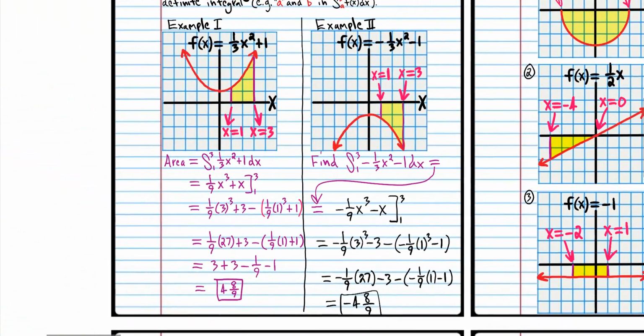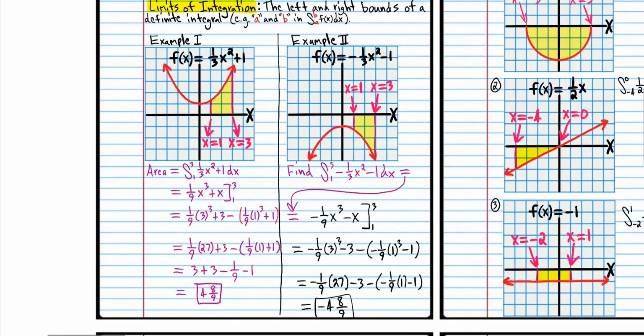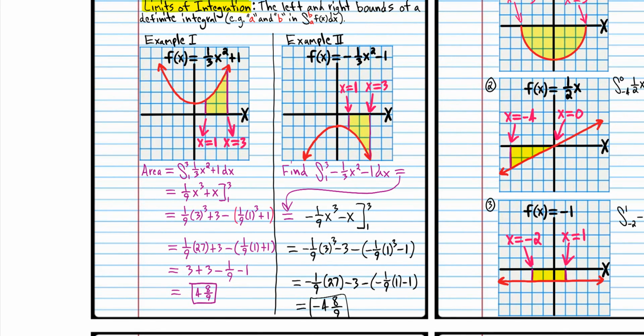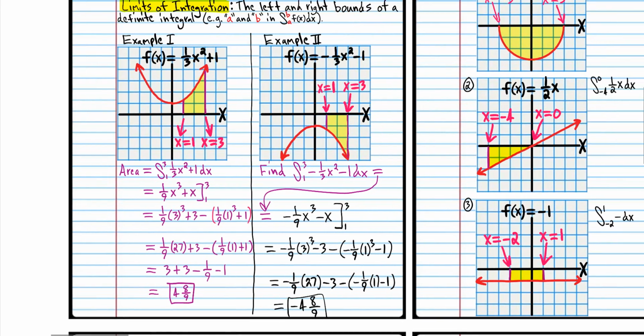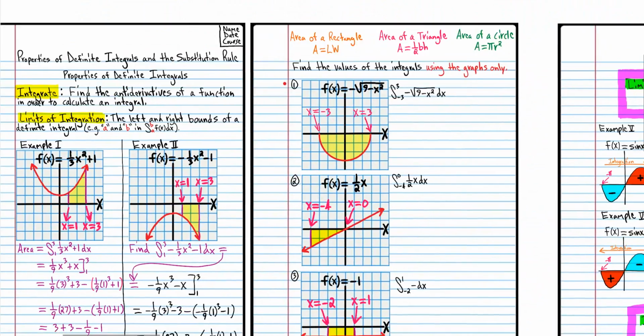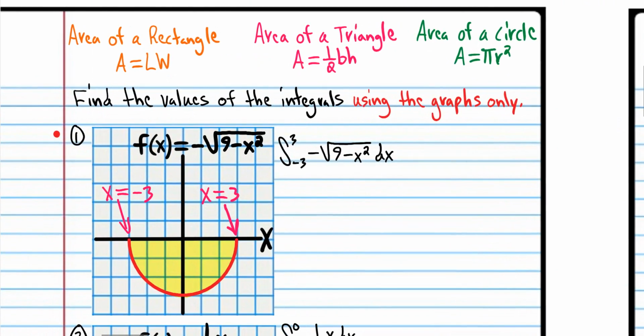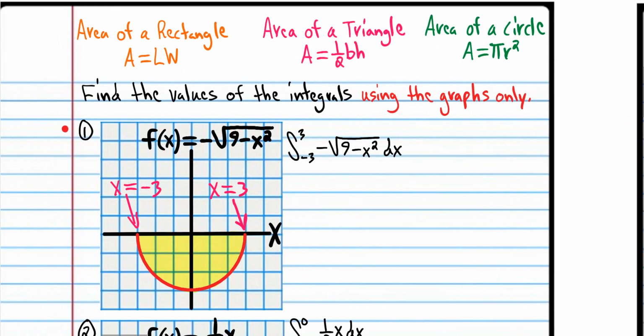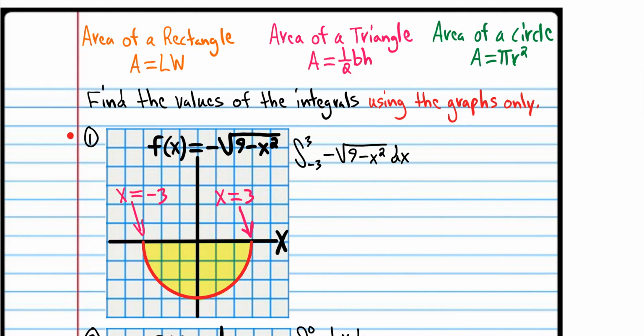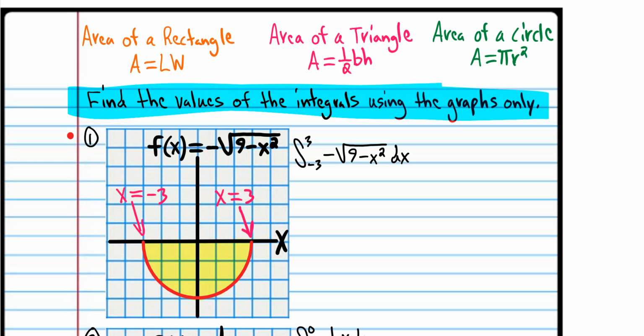It just means that the integral is negative. So when area is above the x-axis, we have positive area. When it's below, we have negative area. Now, again, whenever we say negative area, we don't actually mean negative area. We just mean that the integral is negative. So let's do some practice problems where we have negative area.